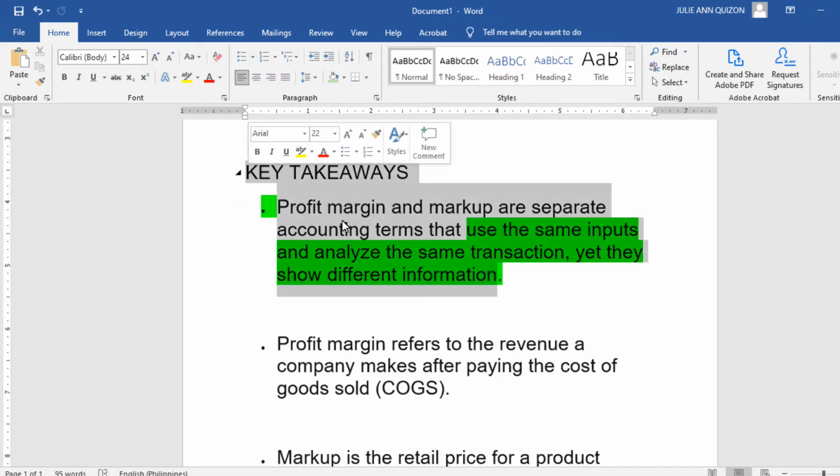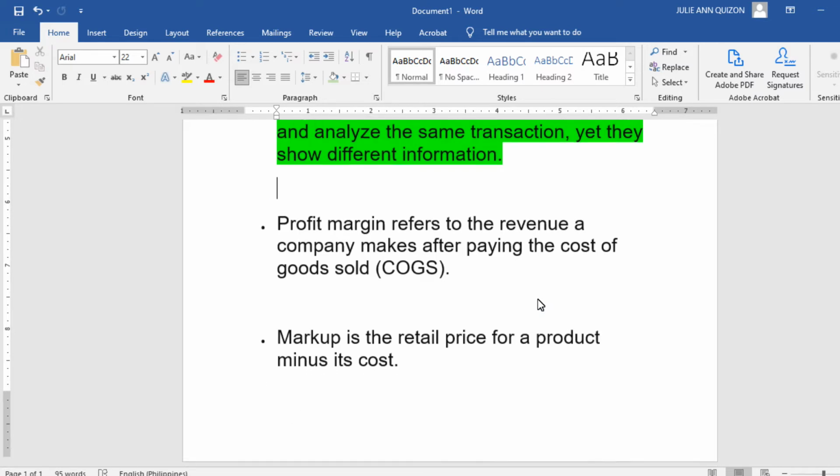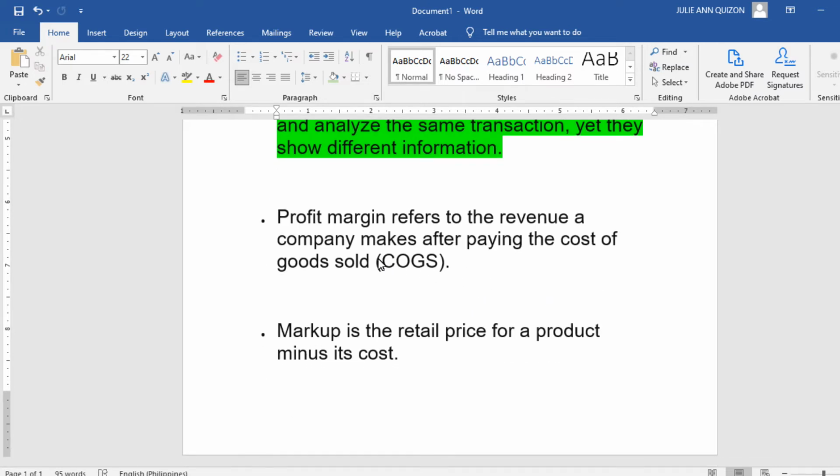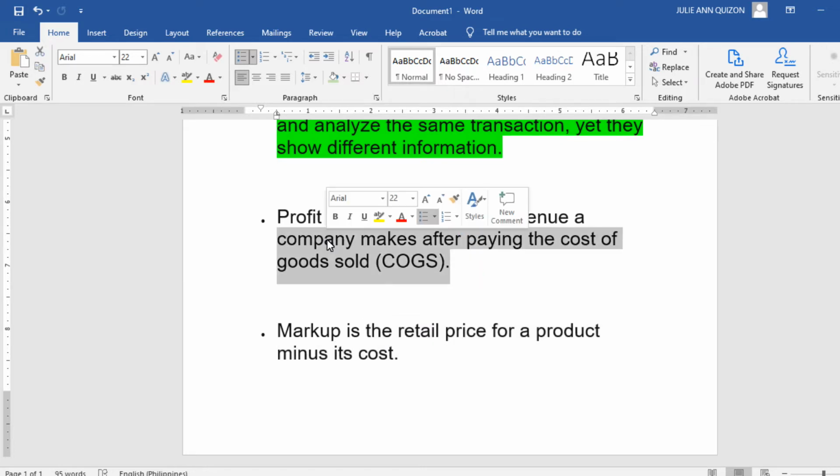So, yun yung tatandaan nyo doon. And then, profit margin refers to the revenue a company makes after paying the cost of goods sold. That's the profit margin. Kapag markup naman is the retail price for a product minus its cost. So, cost ang pinag-usapan. Dito naman is the percentage.